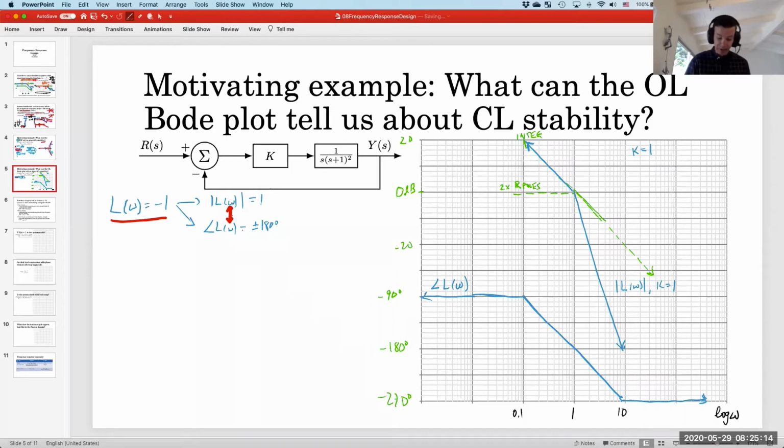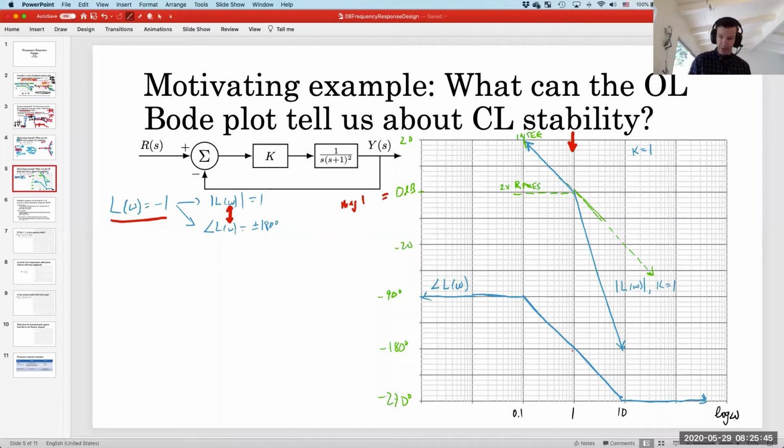And I want you to see that we have that point right here. Right? There is an omega equals 1 in this case, where the magnitude of L is 1, right? 0 dBs equals a magnitude of 1. And there's an omega, that same omega, with a phase of minus 180. Now this should be problematic for you, because this is not what we saw in root locus.